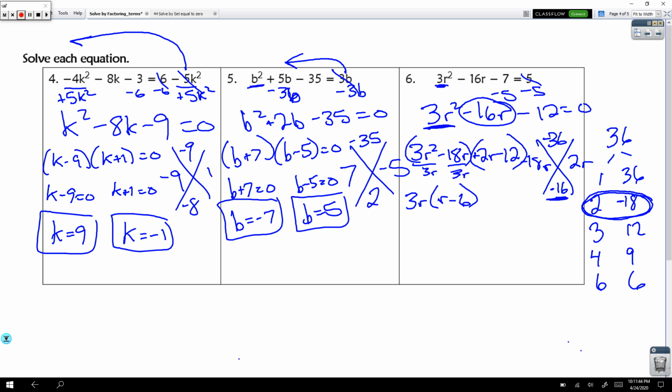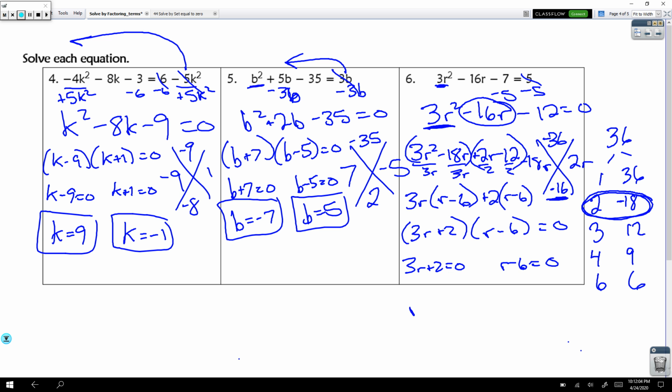The GCF of the second two terms would be positive 2. Divide. I would have r minus 6 again. So my two factors, the outsides, 3r plus 2, and the insides, r minus 6. Setting them equal to 0. Subtract the 2 and divide by 3. That would leave me with r equals negative 2/3. Add the 6, r equals 6.